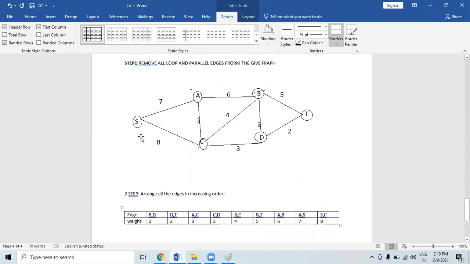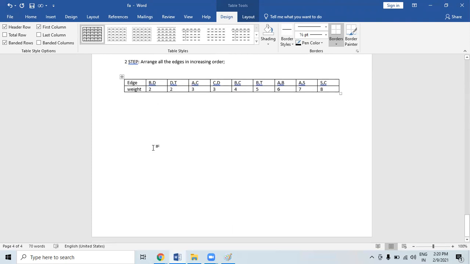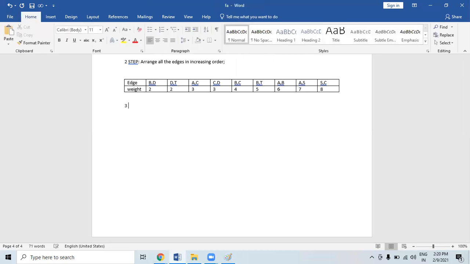Through this diagram, you can see here BD, right? Then you can see this DT, 2, then DC is there. So this is also in the third step.